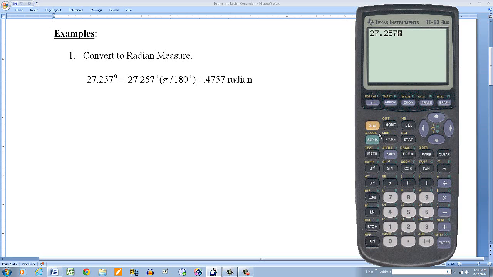So go to second, then apps, accessing the angle menu. Number 1 is degrees, so just hit enter. So that's 27.257 degrees, and I have the calculator set to radians. If you hit enter, it'll convert that into radians. So hit enter, and I get 0.4757, rounded to 4 places, and that's radians. That's how easy it is to do it in the calculator.